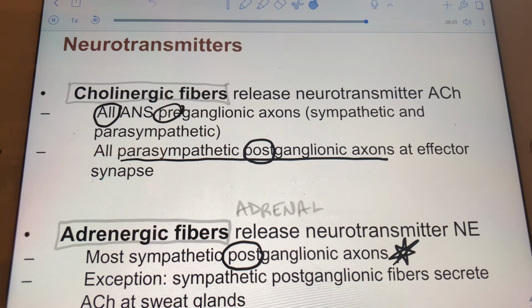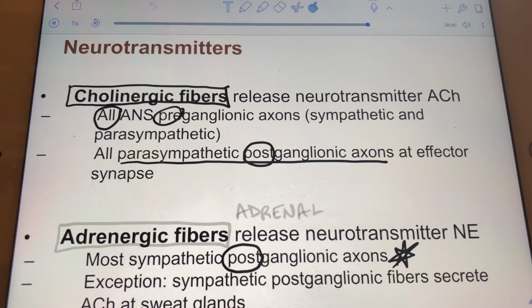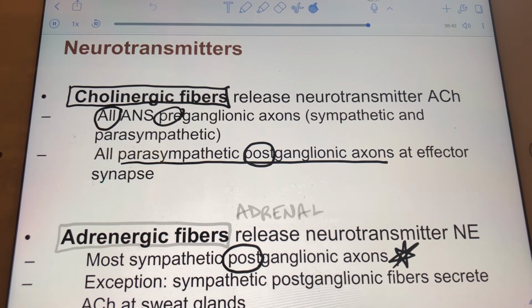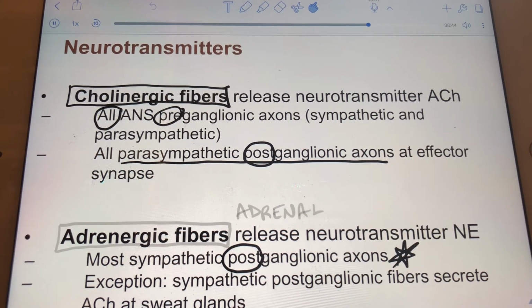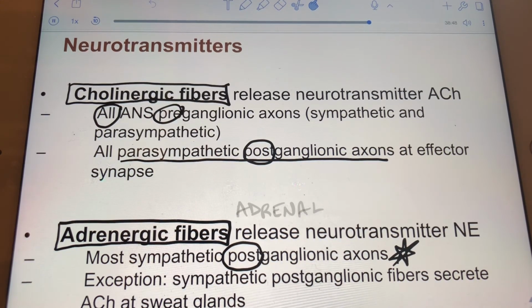So coming back to now the bold terms on this slide, if a motor neuron secretes acetylcholine, then it's referred to as cholinergic. It sounds like acetylcholine, cholinergic, okay? And if it secretes norepinephrine, then it's referred to as adrenergic.